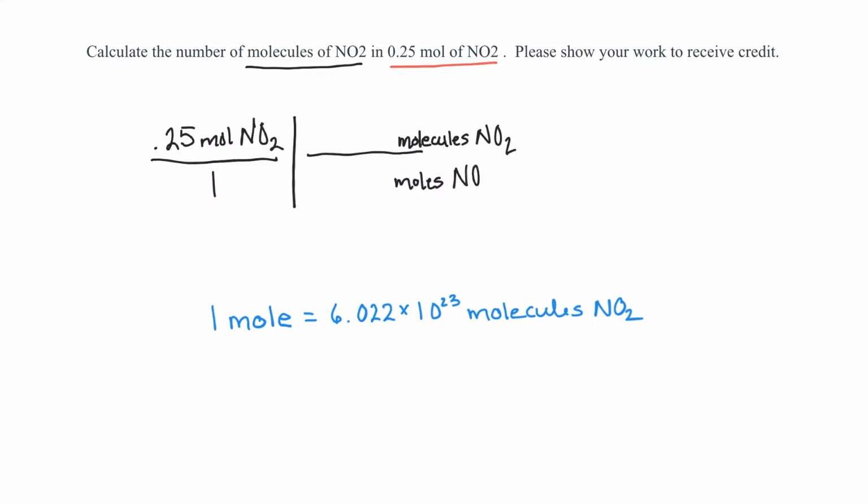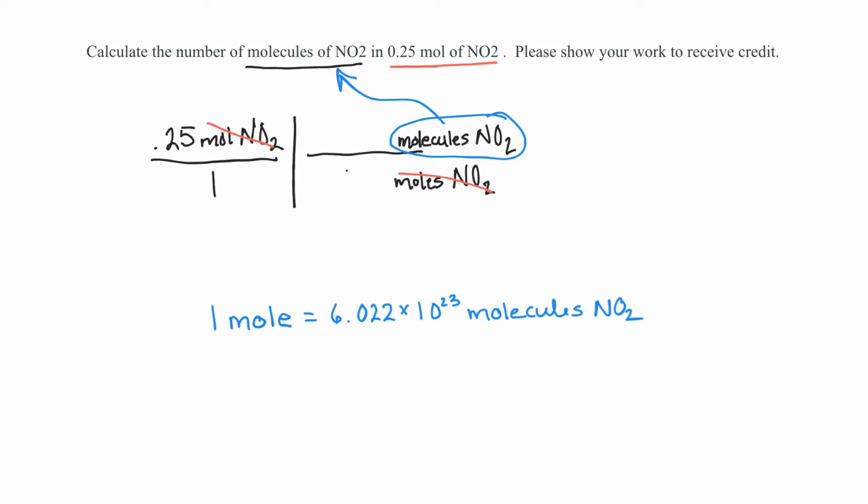And if we put moles of NO2 down here, we can cancel moles of NO2, and we are left with molecules of NO2, and that's what we're looking for, right? And so our equality is 1 mole equals 6.022 times 10 to the 23rd molecules of NO2. And so we're just going to plug that in.